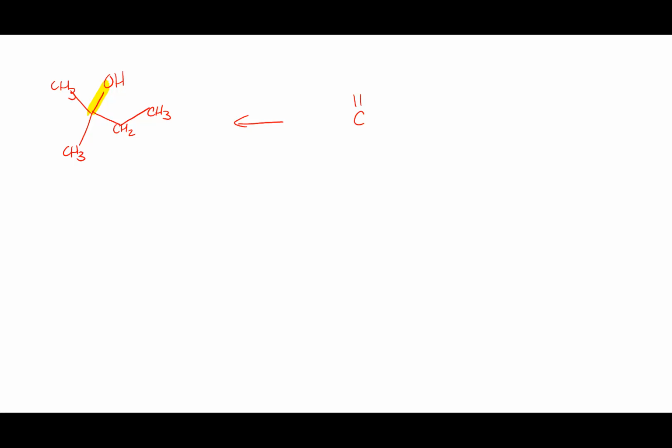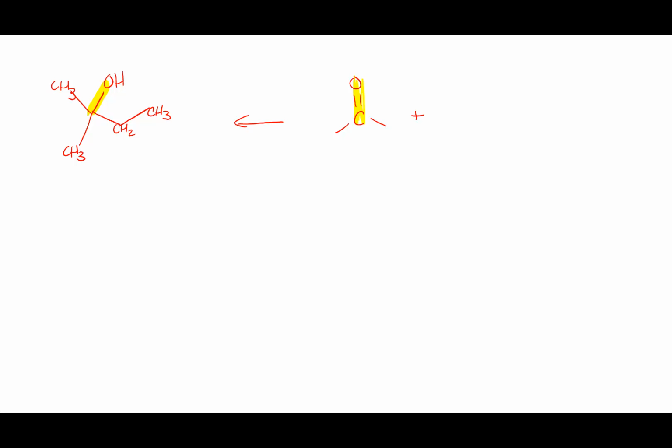So over here I'm going to have a CO double bond, and that CO double bond is going to become my CO single bond. Now the carbonyl has two alkyl groups attached to it. And what am I adding to that carbonyl? I'm going to add a Grignard, right? I'm going to add a C minus with an MgBr.